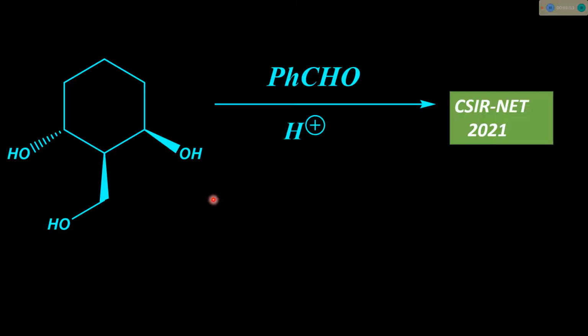We will see the same mechanism, same properties, same explanation. We are going to discuss this step, the first step. इसमें only one reagent, means benzaldehyde along with a calculated amount of H plus reagent use किया गया to treat this molecule.